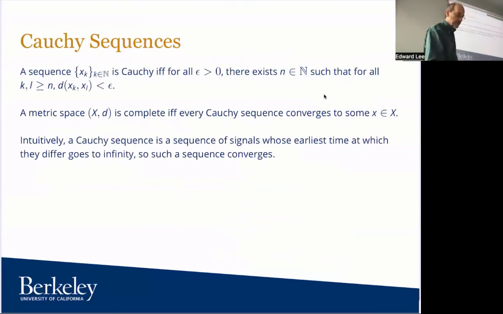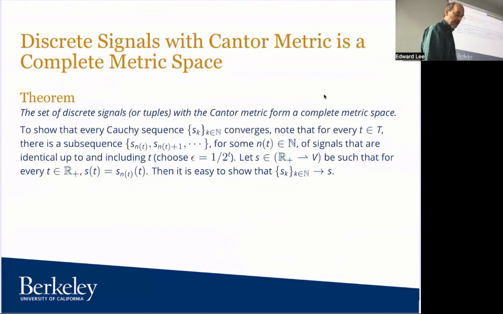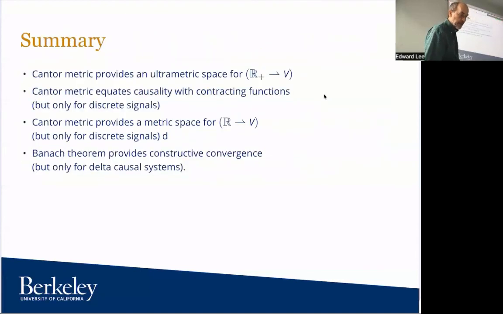So these are technicalities you have to construct. In order to show that the limit exists, you have to construct this notion of Cauchy sequences, and then you get a theorem that tells you that every Cauchy sequence converges, and consequently you can apply the Banach fixed point theorem, and you're all done.